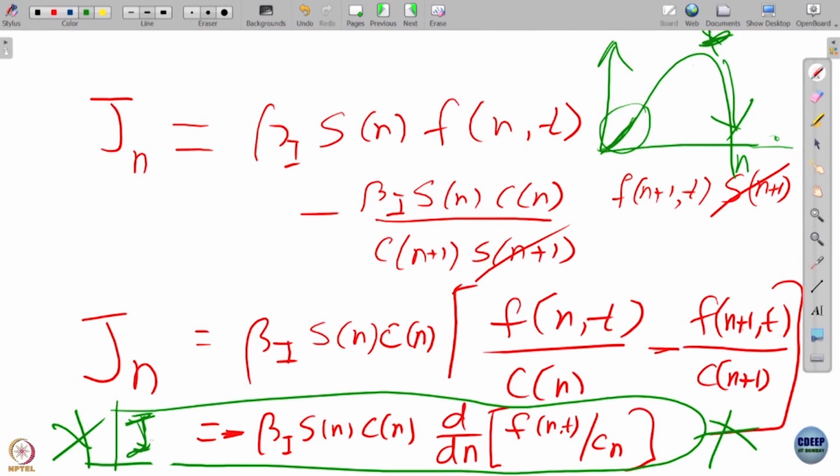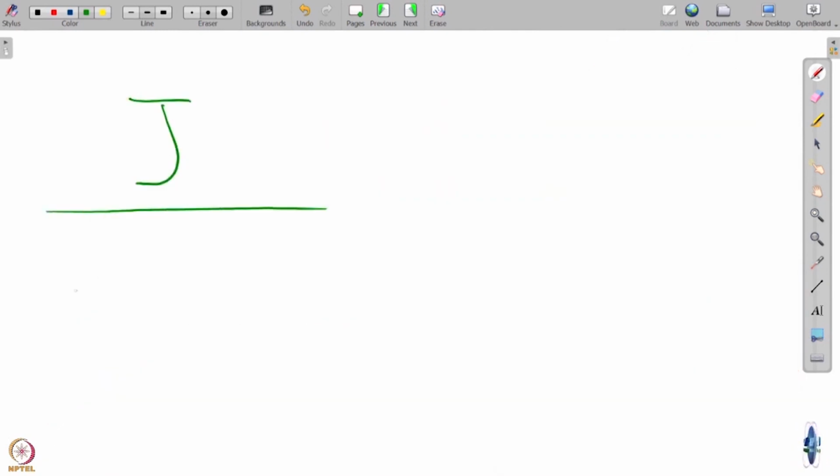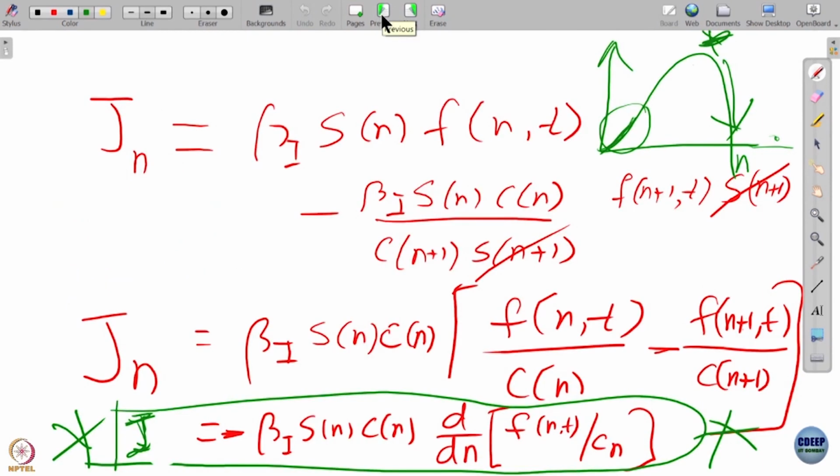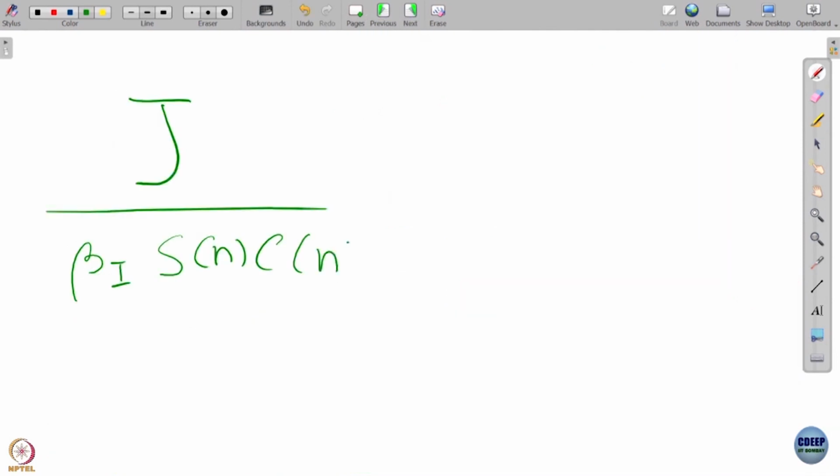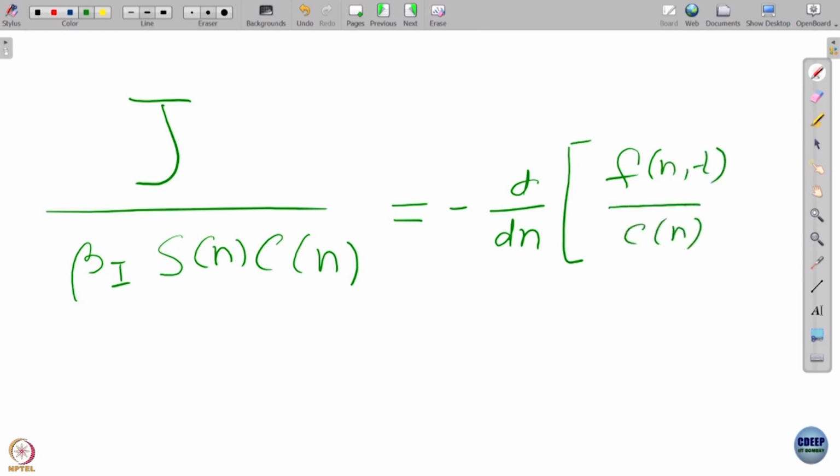So, what do I do now? I know the limits. So, I immediately write this down, and now I can do an integration because I know the limits.